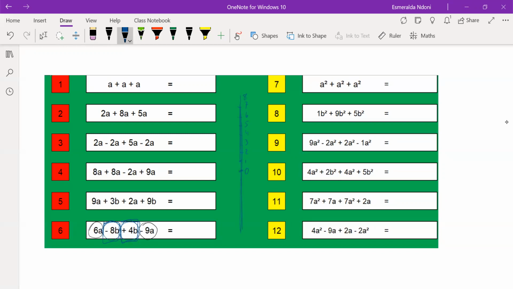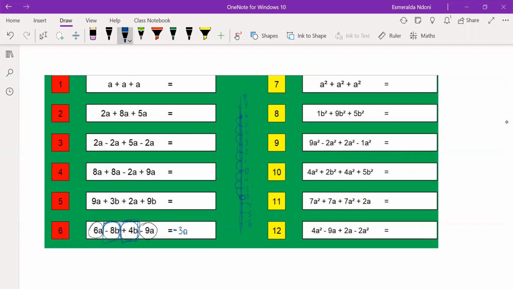Then I go down for negative 1, negative 2, negative 3, negative 4, negative 5, negative 6. So I start at positive 6 and I take away 9. 1, 2, 3, 4, 5, 6, 7, 8, 9. I landed at negative 3. So negative 3a.